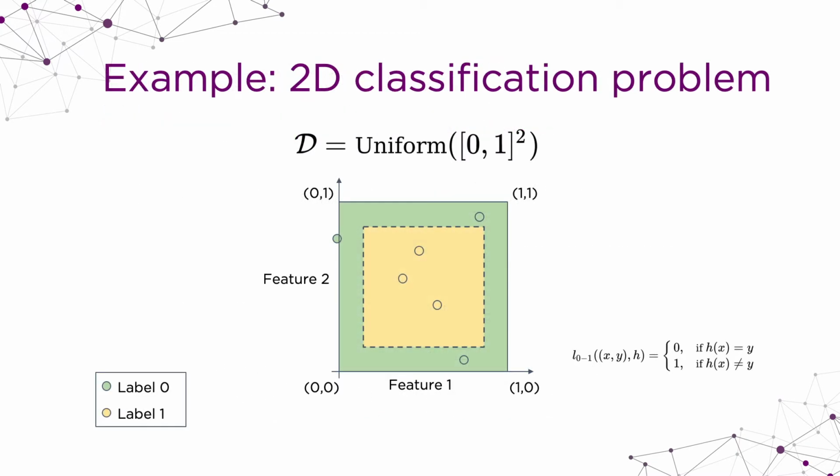So let's see a simple example in 2D. Here I have feature 1, which is between 0 and 1. This axis is feature 2, also normalized between 0 and 1. The green area here are points that are labeled 0, and the yellow area here are points that are labeled 1.